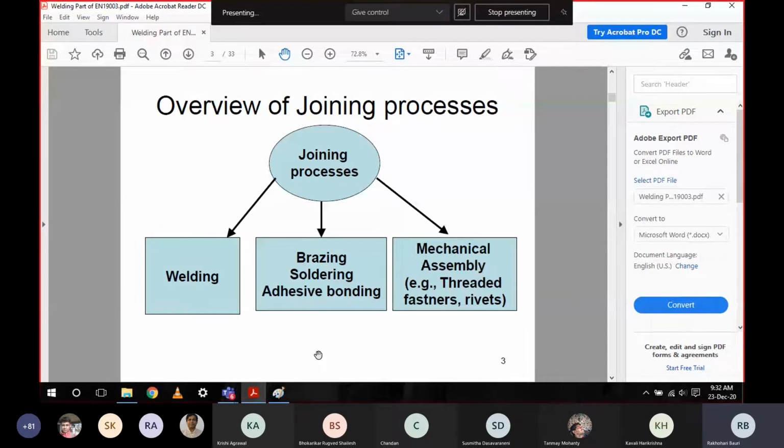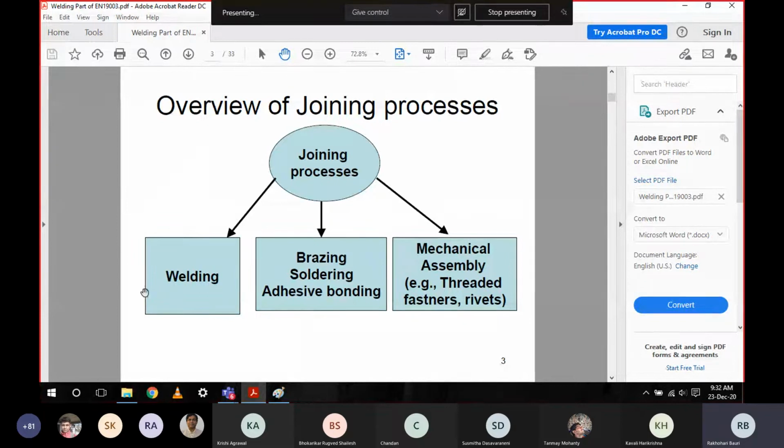For example, you have seen when electricians repair the motherboards of TVs or computers, they use a low melting point material to adhere the electronic chips or electronic components onto the motherboard. So they are just using low melting point metals for joining processes.